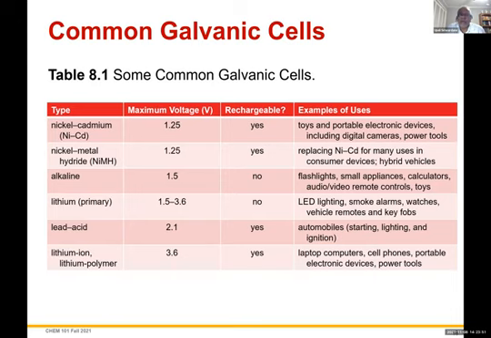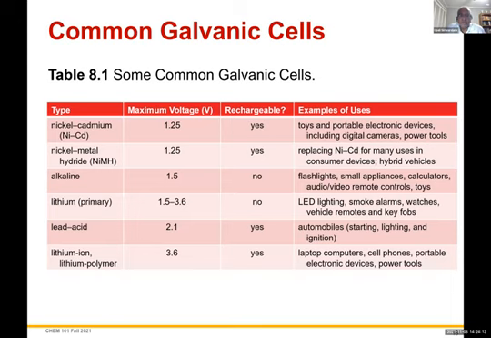You buy them at Walmart and put them in your watches, key fobs. And the fourth one is the lead acid battery. It's 2.1 volts. I told you about that.